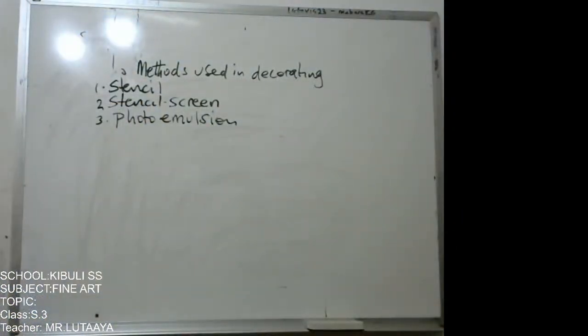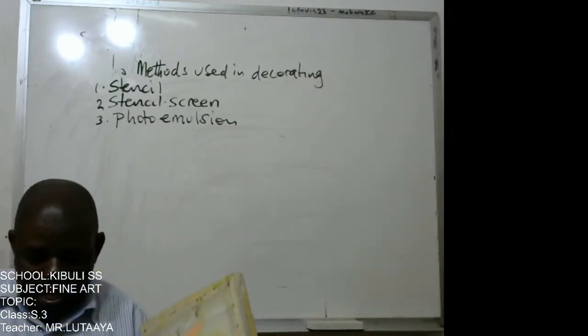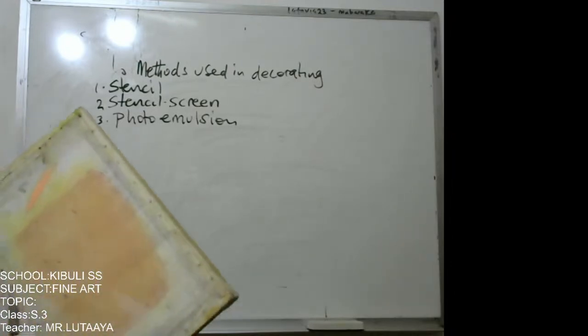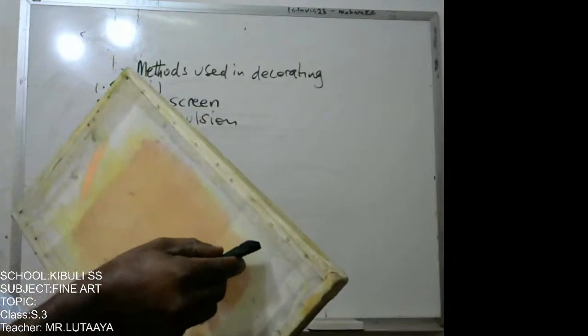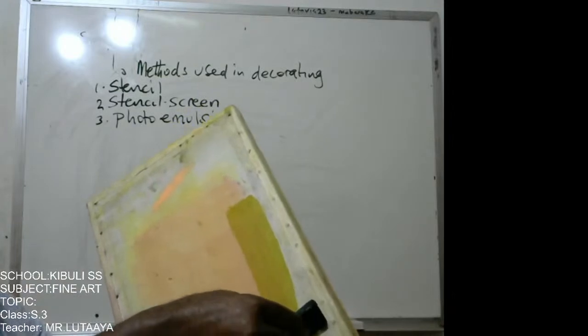Now, you get a plain screen. Then you get photo emulsion. You get photo emulsion, you get your plain screen, and then you make the emulsion.